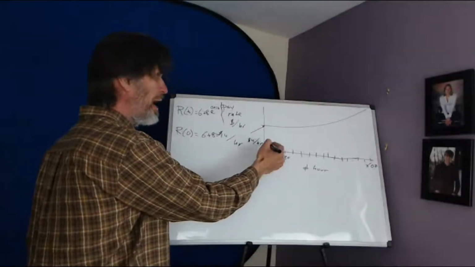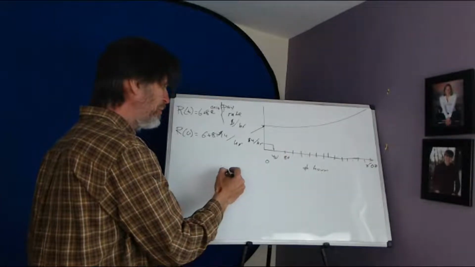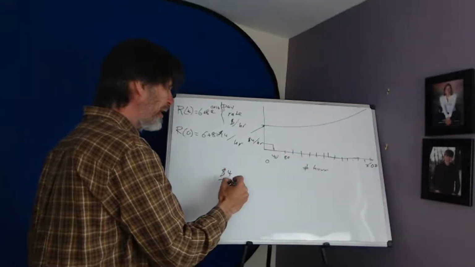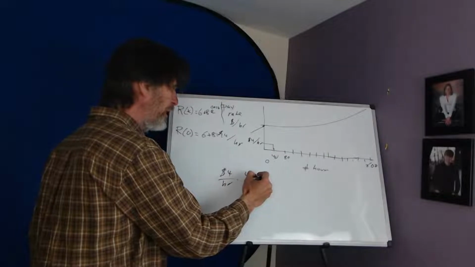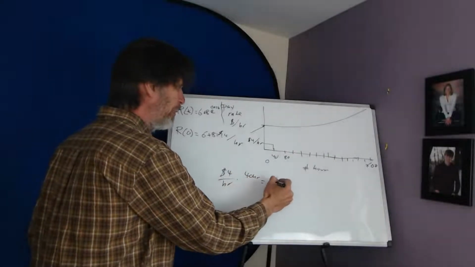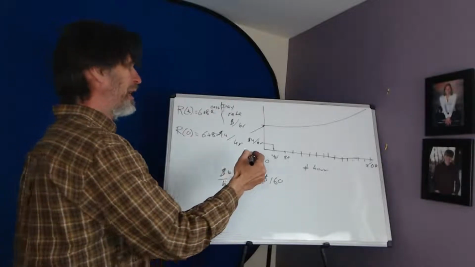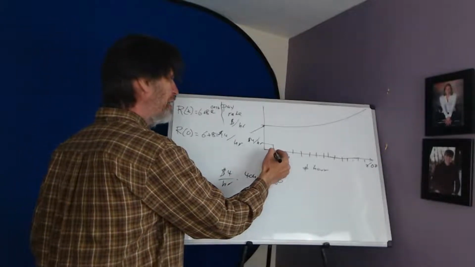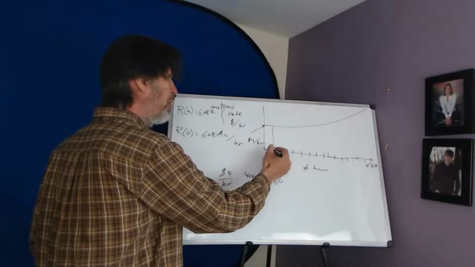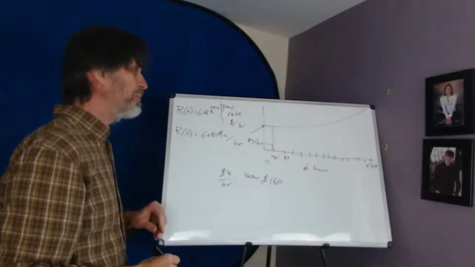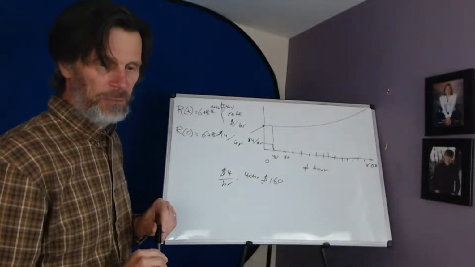So 1 block of area is $4 per hour times 40 hours, which is $160. If you want to calculate what you made in that first week, it would be all the area added up from 0 to 40.